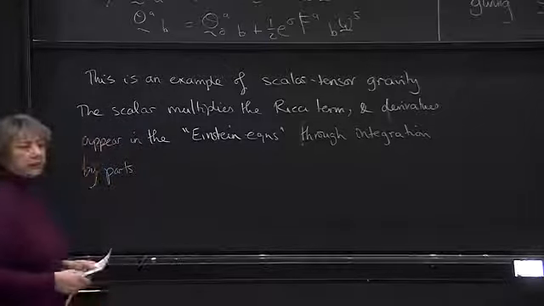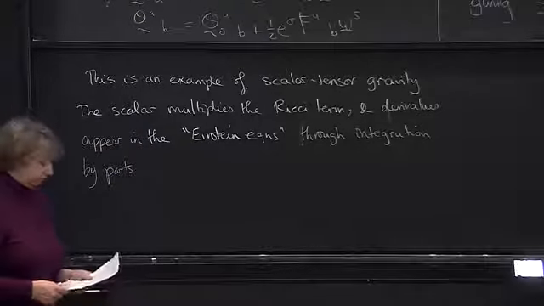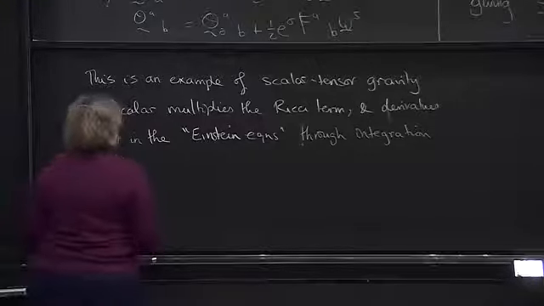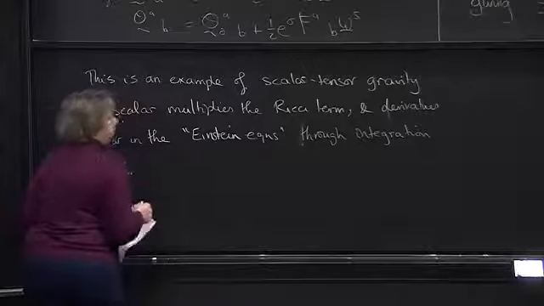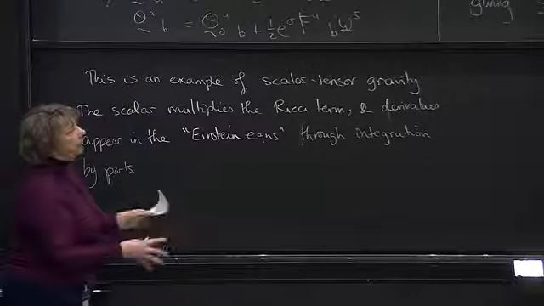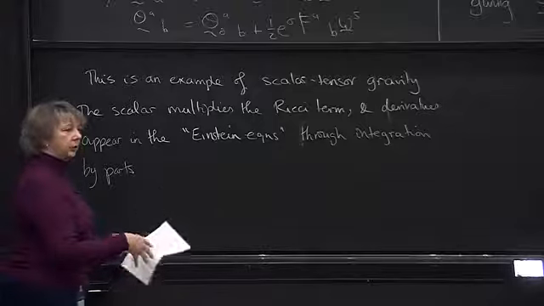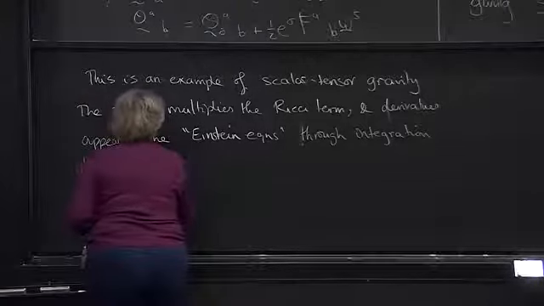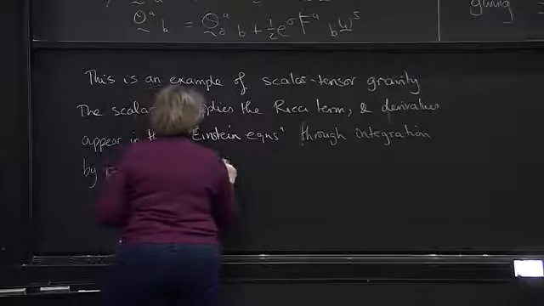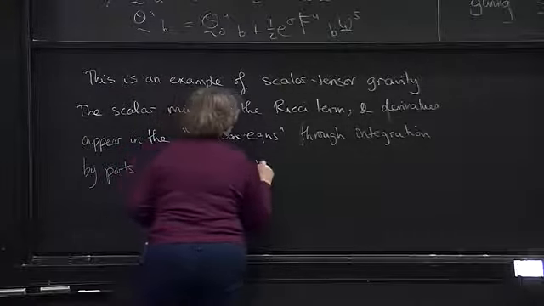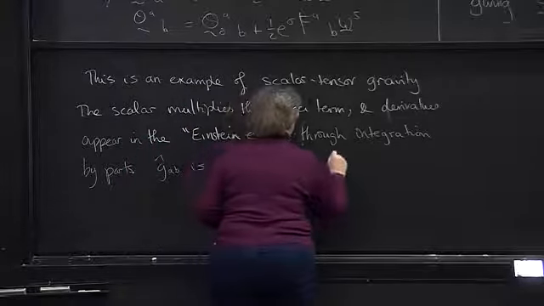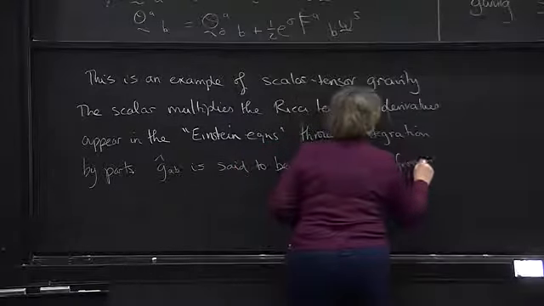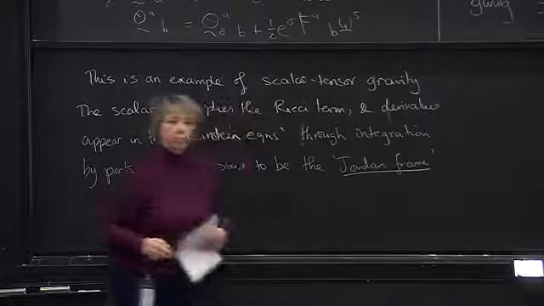And of course, we've got the scalar terms multiplying our Maxwell piece of the action as well. So this appearance of a scalar multiplying the Ricci scalar, with the metric G hat AB, we call this the Jordan frame.